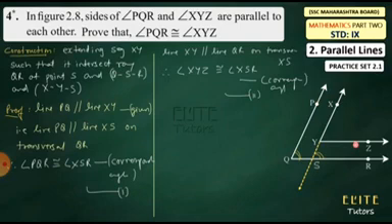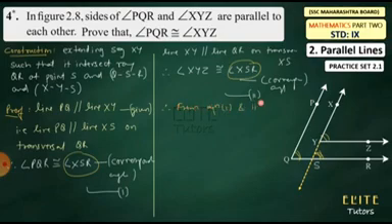So student, we will compare both situations. Here XYZ is congruent to XSR, and XSR is common in both equations, in both situations. So PQR is also congruent to XYZ.